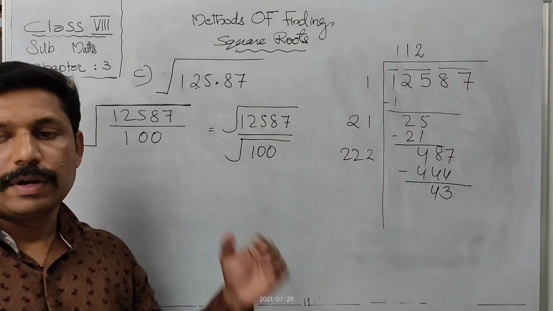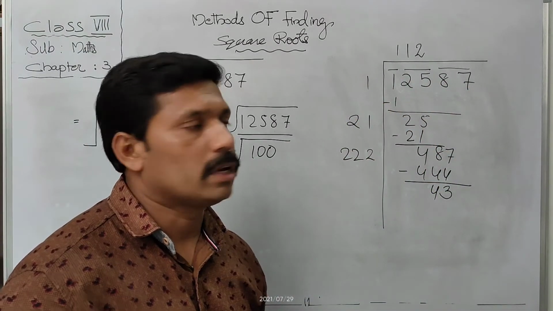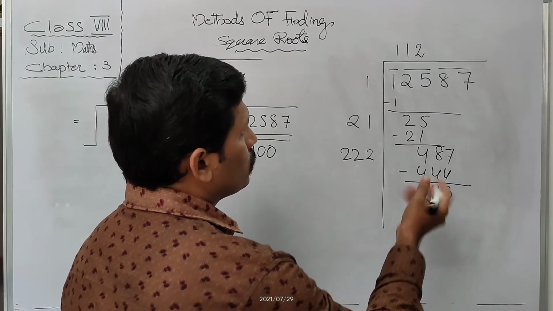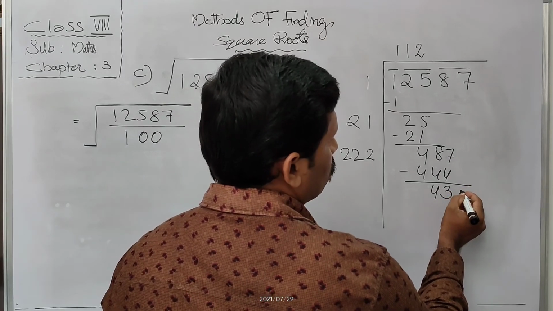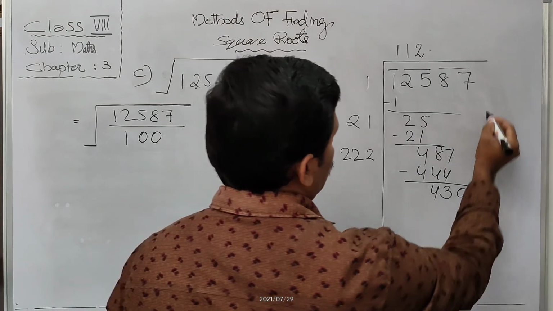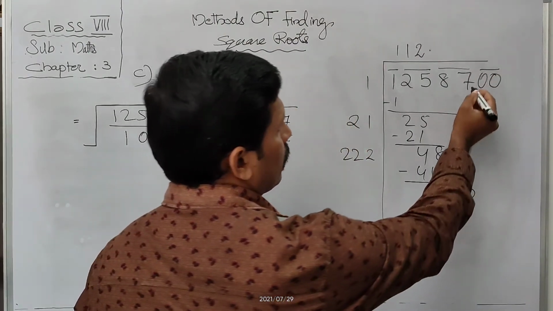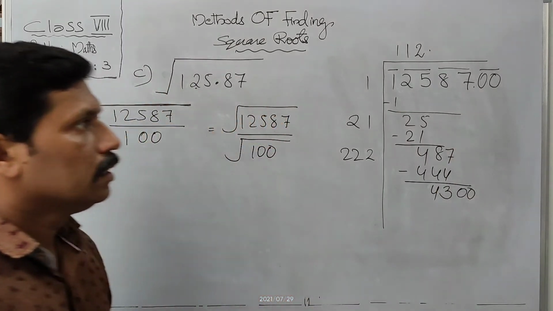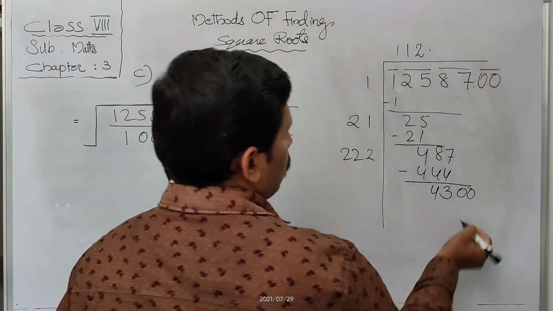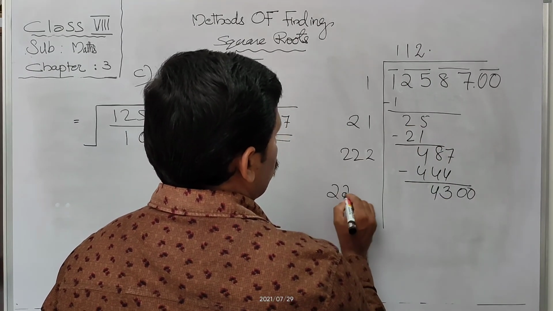Okay students, here we got 43 and the digits are finished. So we put some zeros and we can continue. Here two groups we make of zeros. Here you can place a point. Then we continue. Double of this is 224.